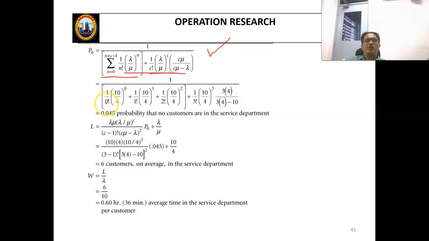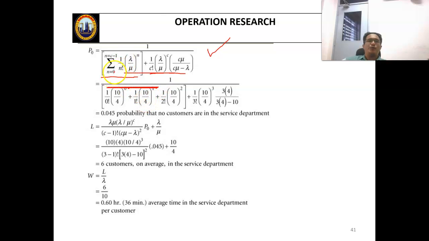So for the first entity, the sum of 1 over 0 factorial, and 0 factorial equals 1. You can check your calculator. Times 10 over 4 to the power of 0. Then 1 over 1 factorial times 10 over 4 to the power of 1.